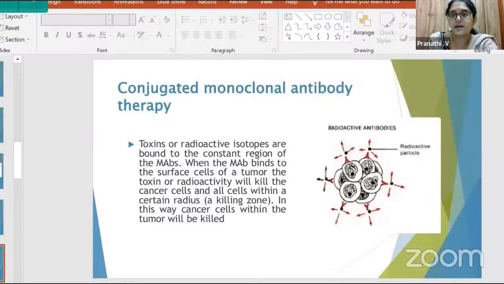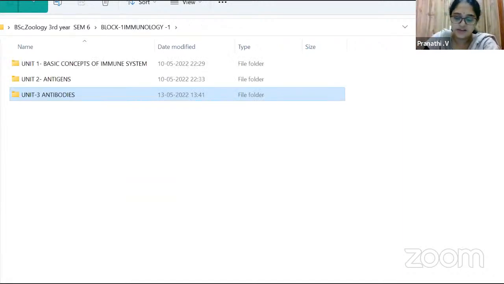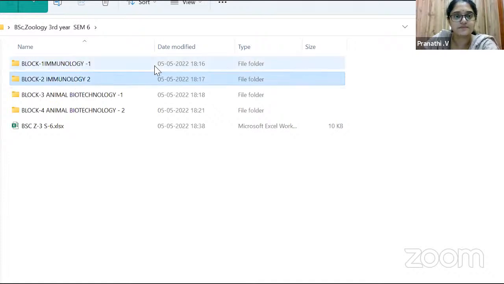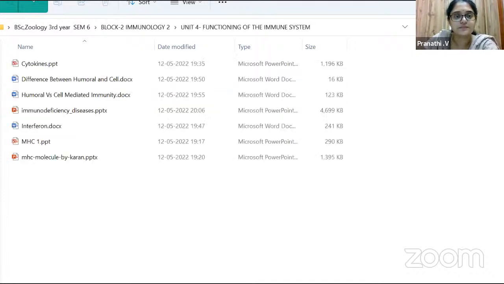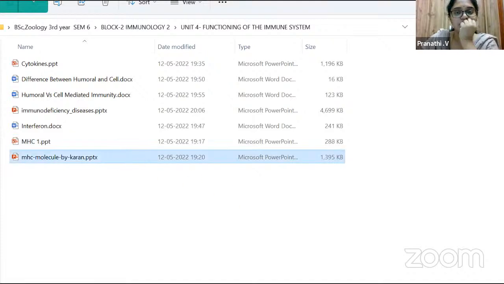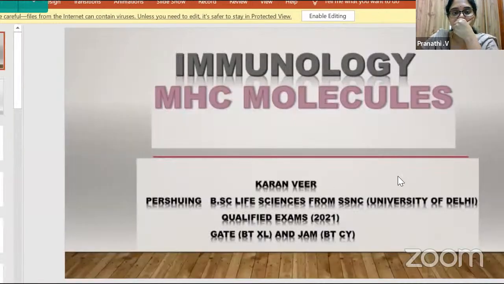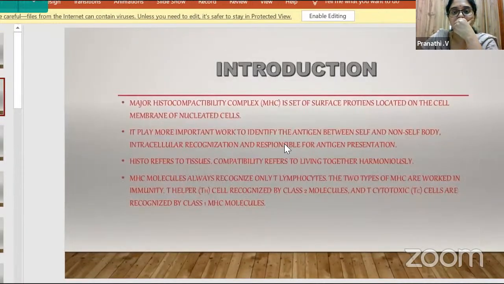When it comes to major histocompatibility complexes, they help in presenting antigens to cells.